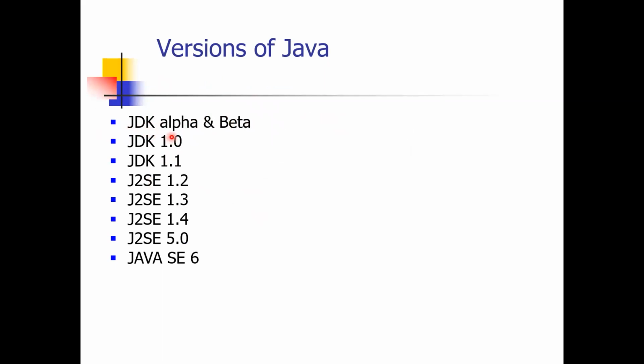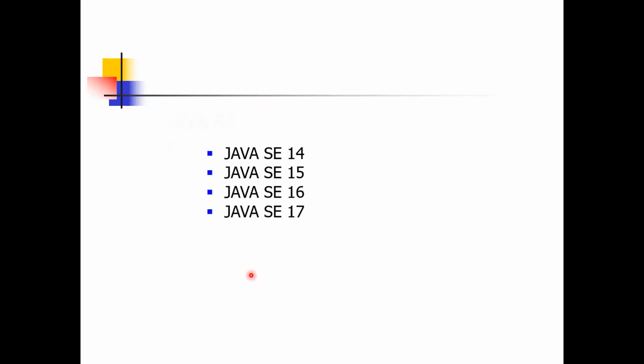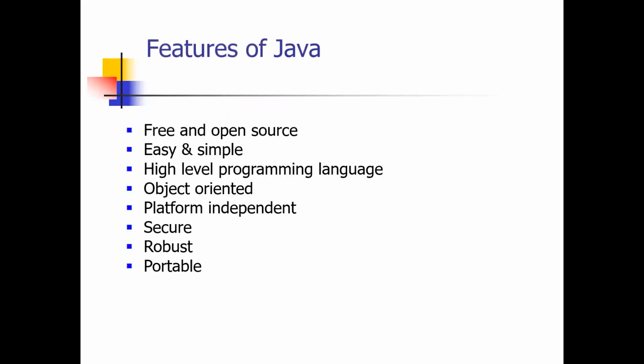So JDK Alpha, Beta, then JDK 1.0, 1.1, J2SE 1.2, 1.3, 1.4, 5.0, SE 6, SE 7, SE 8, 9, 10, 11, 12, 13. These are different versions up to 17. So this is all about the Java versions.